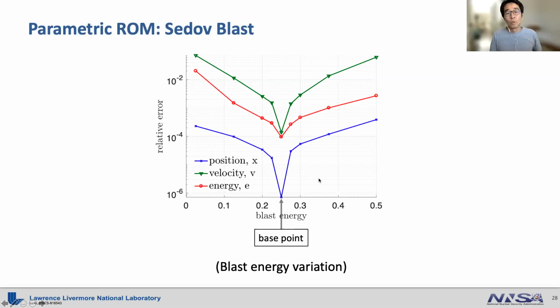So if you want to build a reduced model for a broader range of the parameter space, for example, beyond 0.4, then you can build another local reduced model around 0.6 to cover your parameter space, so that overall the accuracy is less than 1%, right?